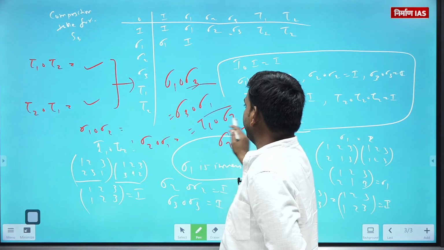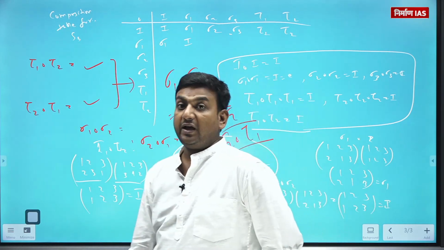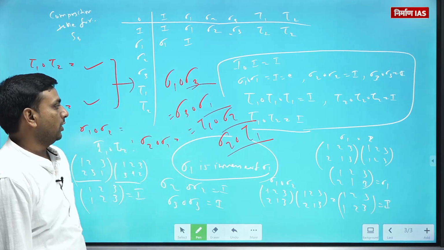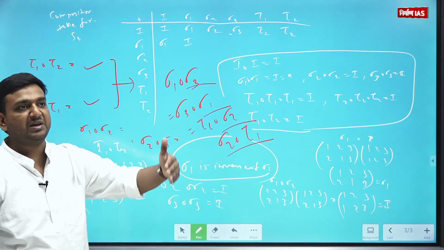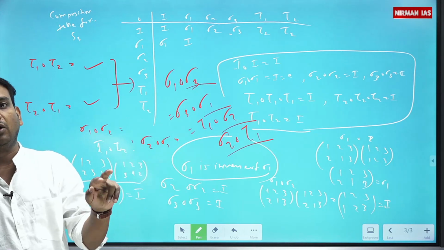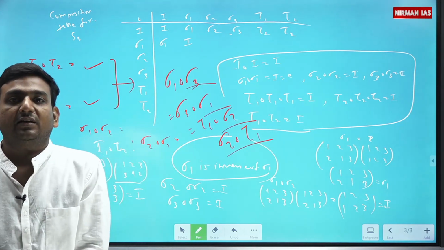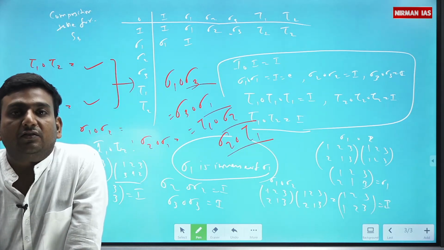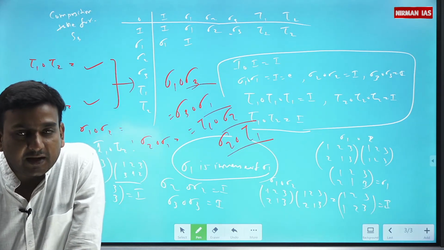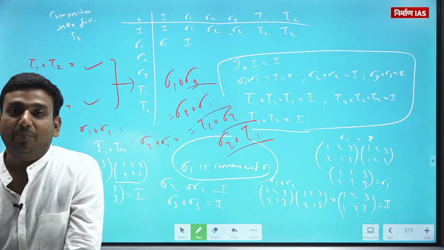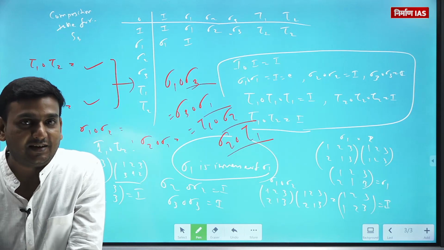Why am I taking combinations like this? I have an intention. You will not get the same image for A operation B and B operation A. And in that case, you say that S3 does not follow commutativity, or you say this is a group but not abelian.